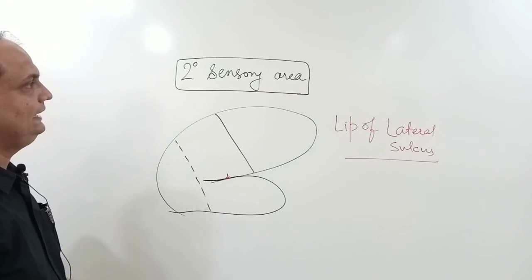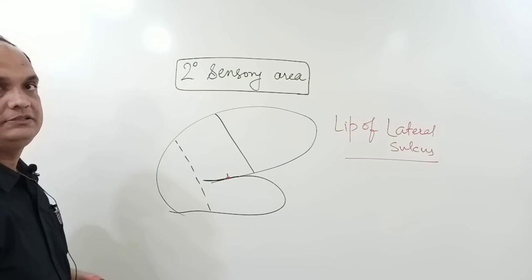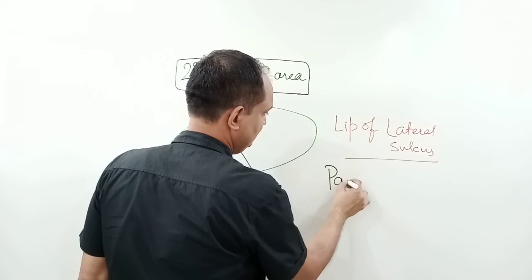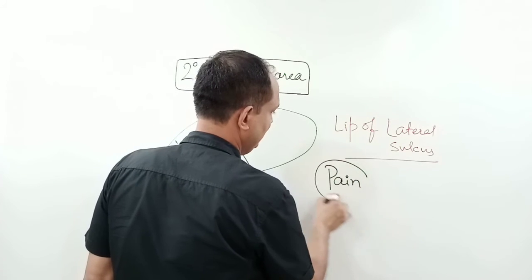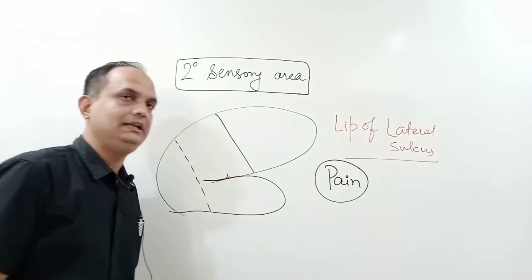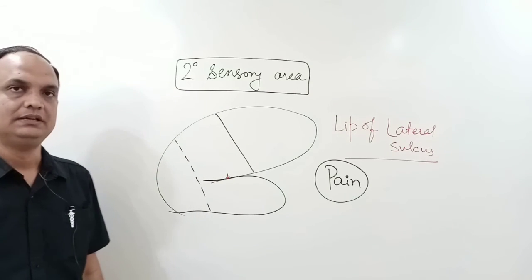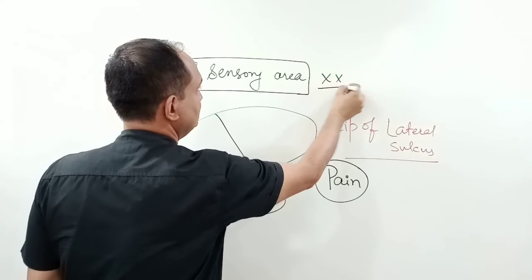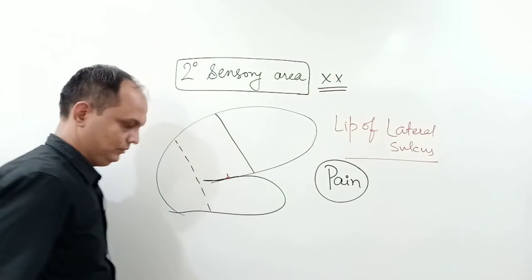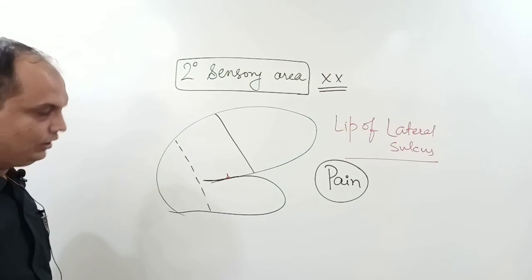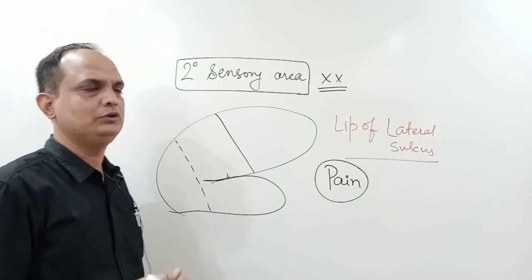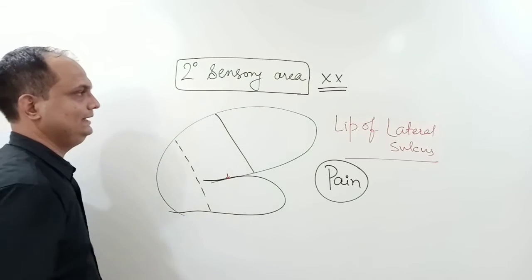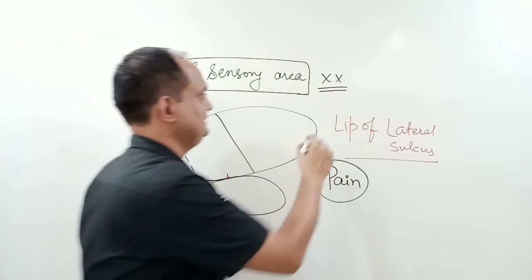Experimentally it is seen that this secondary sensory area is mainly concerned with pain sensations. If there is a lesion in this area, the effects are almost negligible. So where will you find the secondary sensory area?